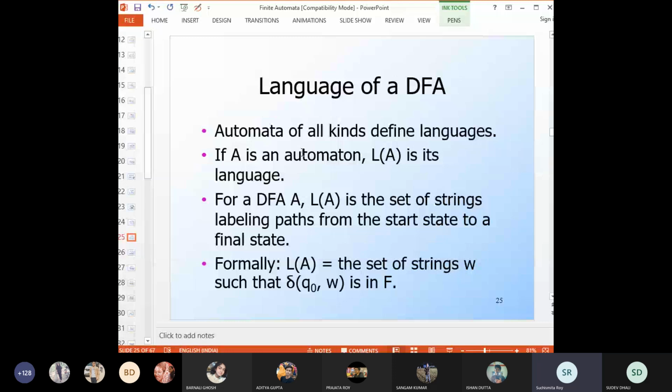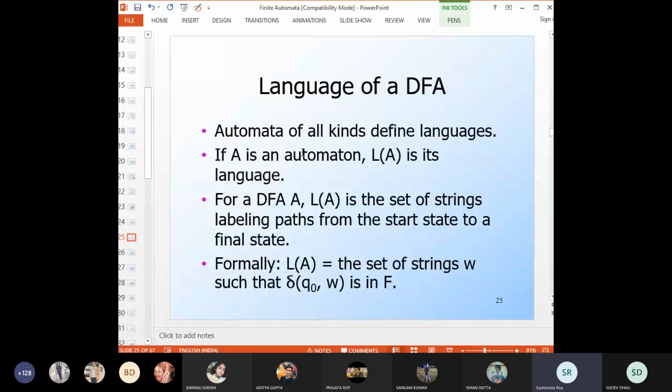Afterwards, from next class or maybe next week, SD sir will take over and tell you that the type of language defined by a finite automata is just a very restricted category which we call regular languages. There are in fact many other types of languages for which automata also exist, and there are different types of automata for every type of language, and this hierarchy of languages he will explain very clearly.